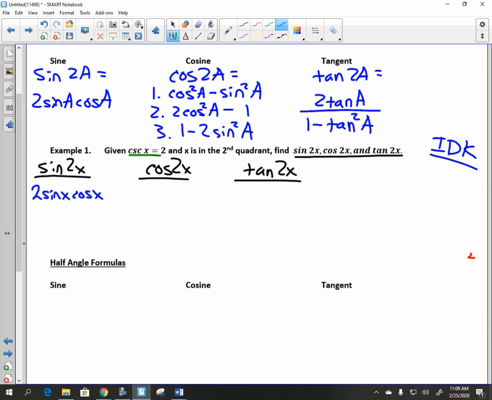Shoot, I wish I knew what sine was. 1/2. How'd you get that? If cosecant of x is equal to 2, then sine is 1/2. So now I need cosine. Shoot, I wish that there was a formula that was really, really important that if I was given sine, I could find cosine.